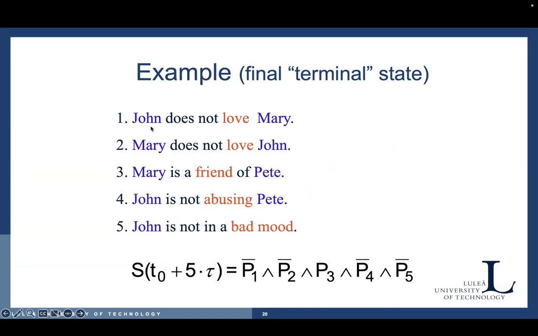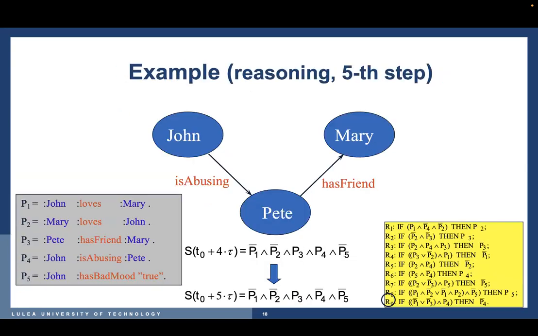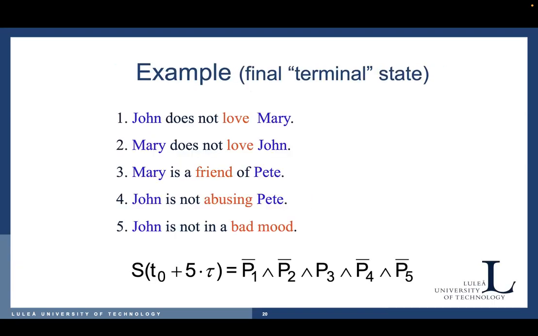Starting from the fact that John loves Mary, and what was it? Yes, and Mary is a friend of Pete. So you come to see that in this world model described by this knowledge base, this is the stable state.